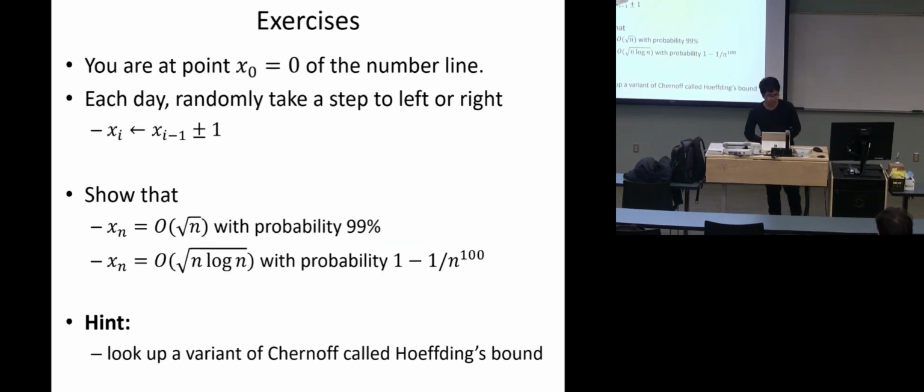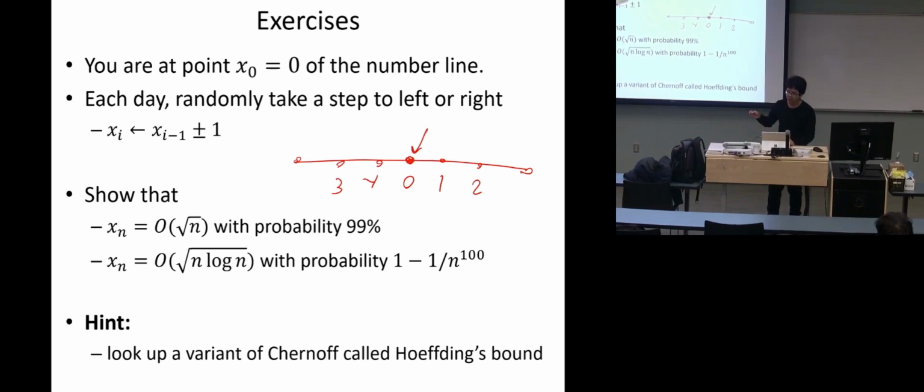Another thing that I just want to show you quickly, and you try to do this at home, is imagine some simple process where you are on a number line starting with 0, and there are 1, 2, 3, and so on. You start here, and on each day you go left or go right with equal probability.